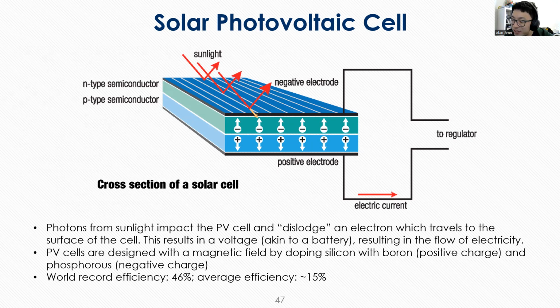So the highest efficiency that has ever been achieved, so I would call this a lab-based efficiency, right, is 46%, but most PV cells today, you're talking more on the order of 15%. I used to say 10 to 15%, but now I say 15 to 20%.